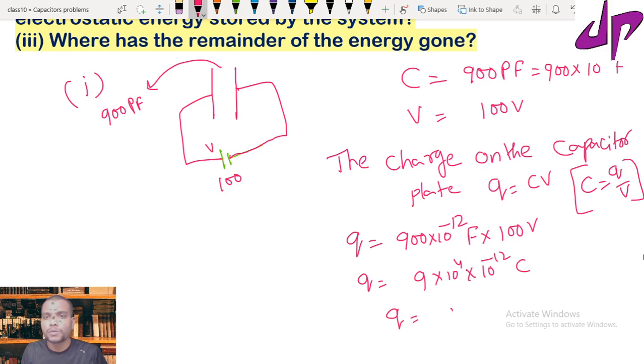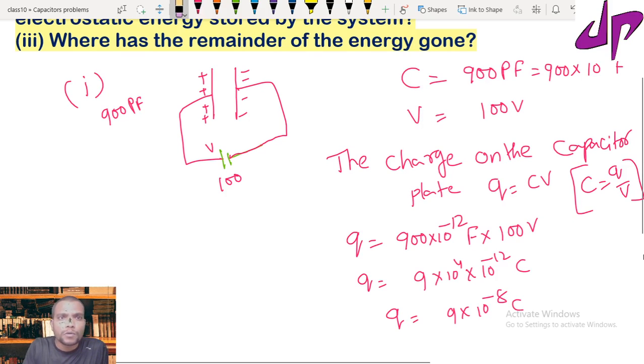Now Q equals 9 times 10 power minus 8 coulombs. So the charge on these two plates equals 9 times 10 power minus 8 coulombs. For the moment I would like to call this charge plus Q and this minus Q.